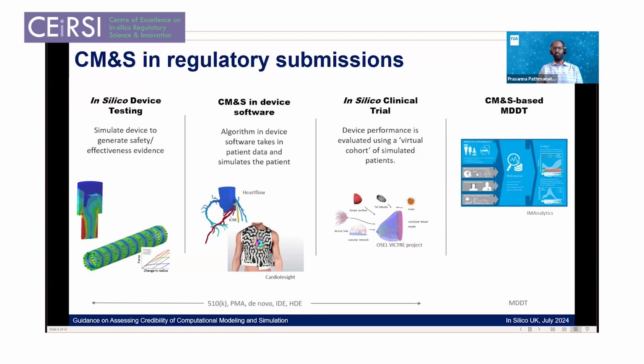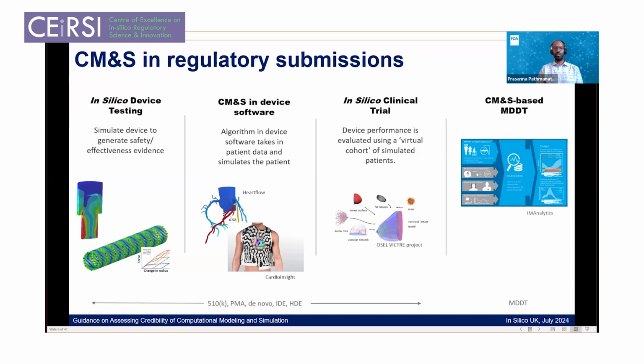So you can try and replicate a real clinical trial, but entirely in silico in the computational framework, and address the same kind of questions that you would address with a real clinical trial.